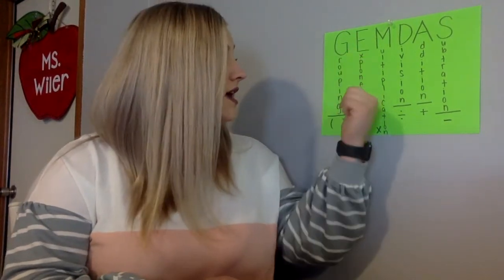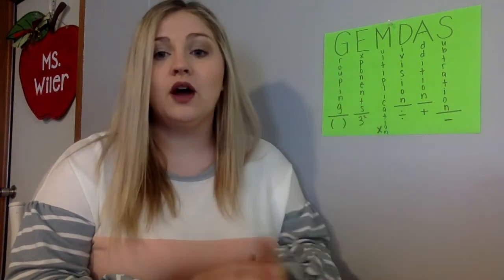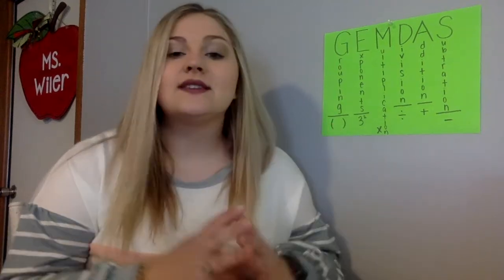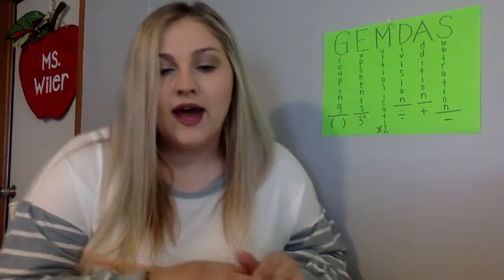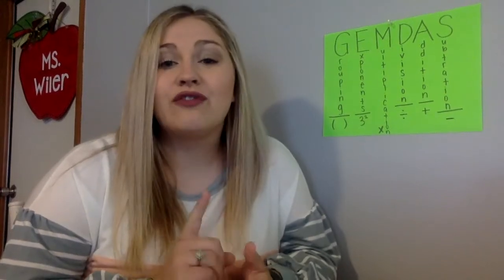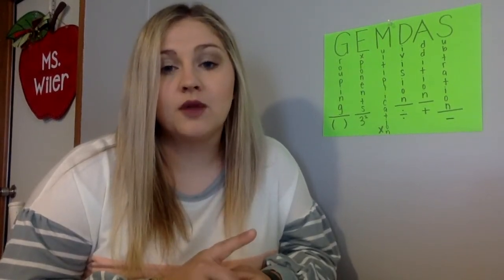So the G stands for grouping, okay? And I drew down here a little parentheses. Grouping is what you would do that would be within the parentheses, okay? And that's what you have to do first. So when the G comes first, grouping, that's what you have to do first in your problem, okay?